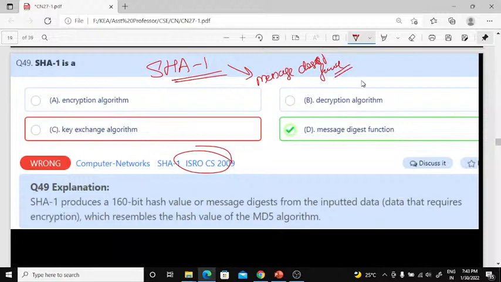It produces the 160 bit hash value, or message digest, from inputted data. So SHA1 is a message digest function.